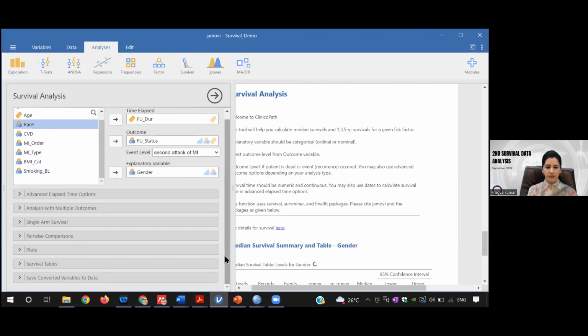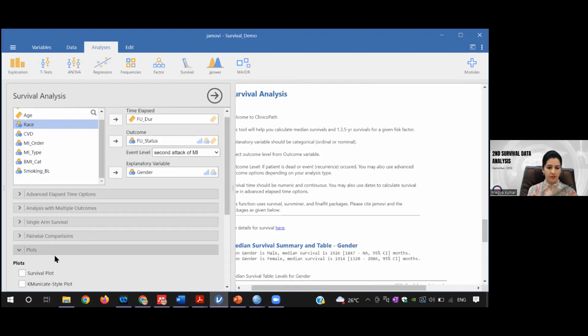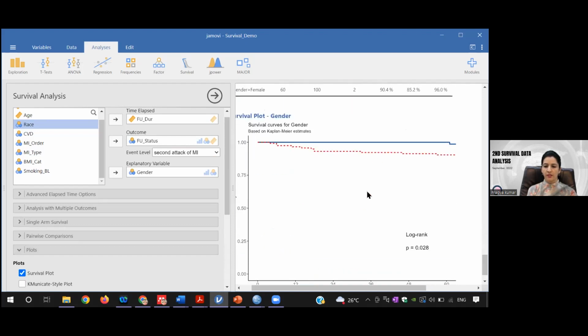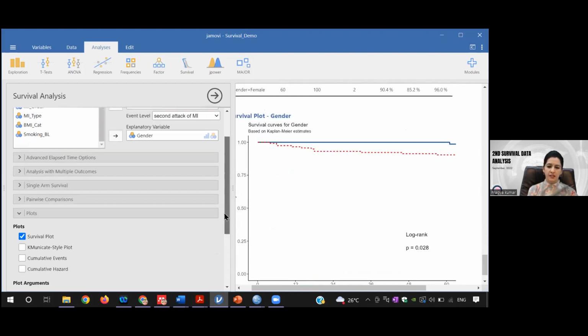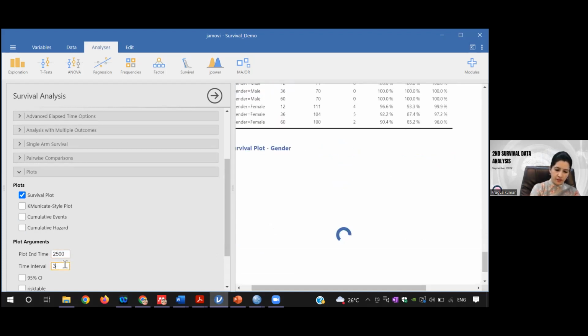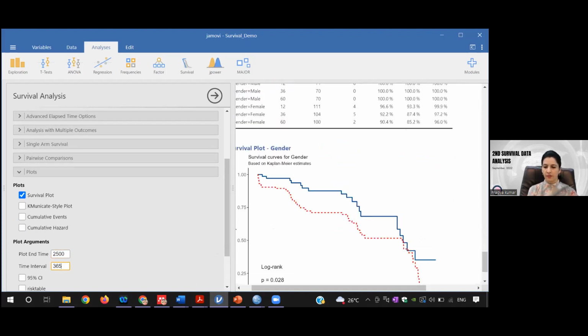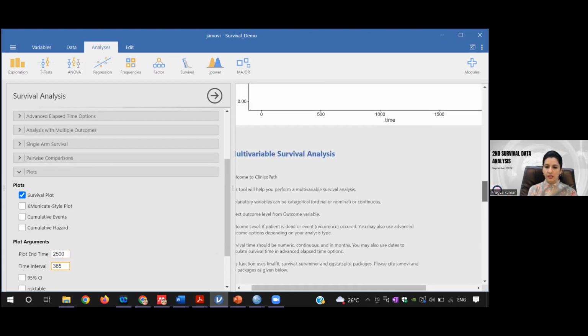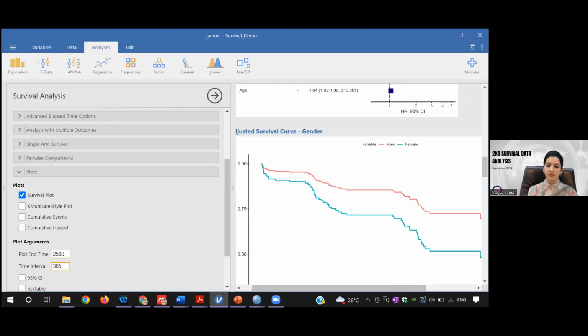And if you see the plot, survival plot, this is where we have changed the axis, then the appearance improved. And I will do it to 2500. And here I will do 365. And there you can see this was the unadjusted. But if you see the adjusted for gender, it is like this.